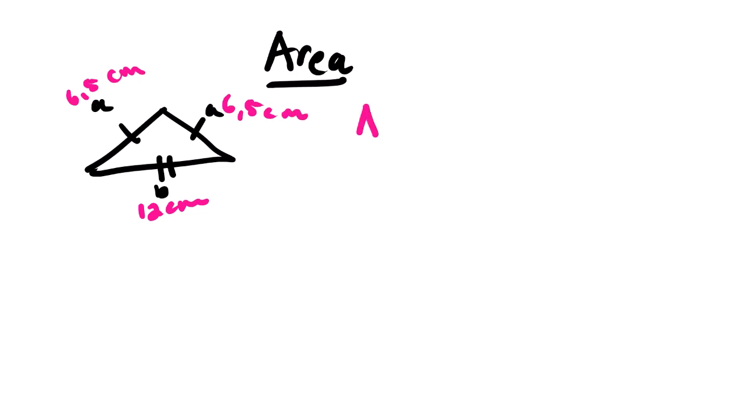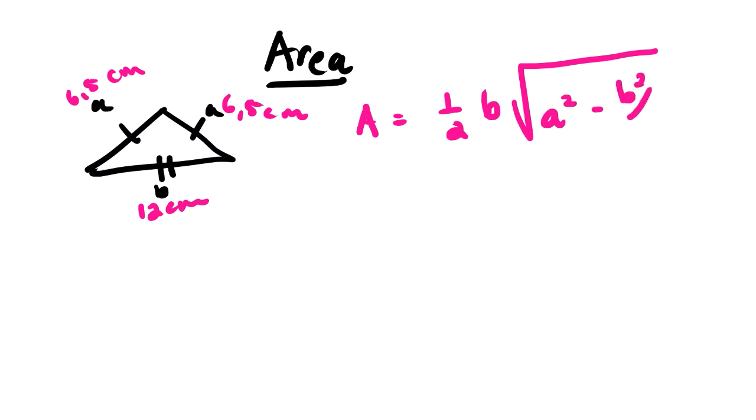The equation is half base times the square root of a squared minus b squared over 4. Let us substitute.